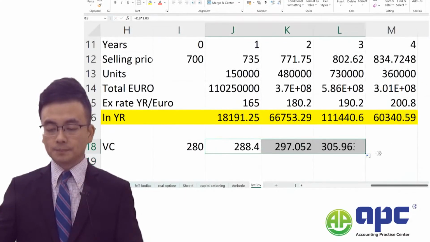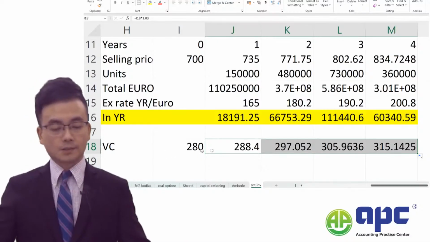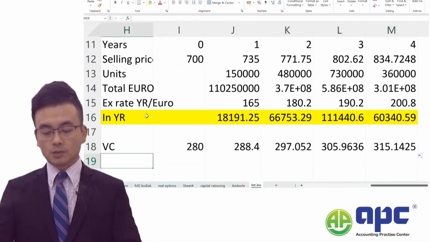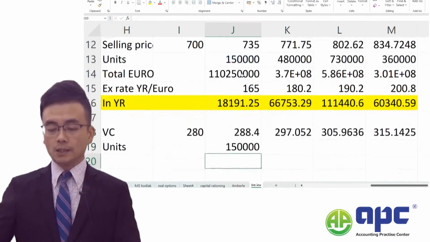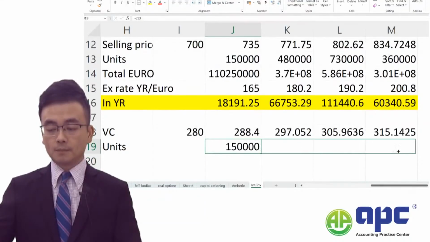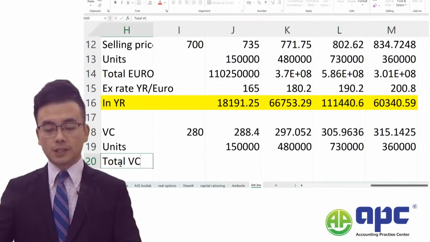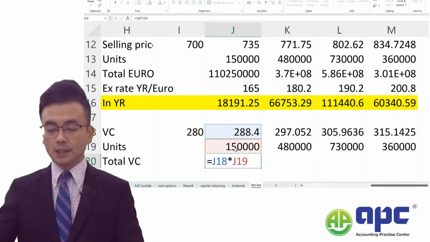Drag it across. That's a starting point. And then of course we can slot in the units, so equals this one, and drag it across. Then we can calculate the total VC, or variable cost, here. We take this times the unit and drag it across.